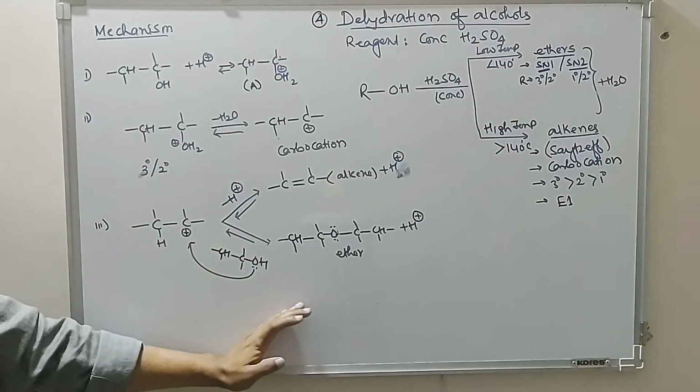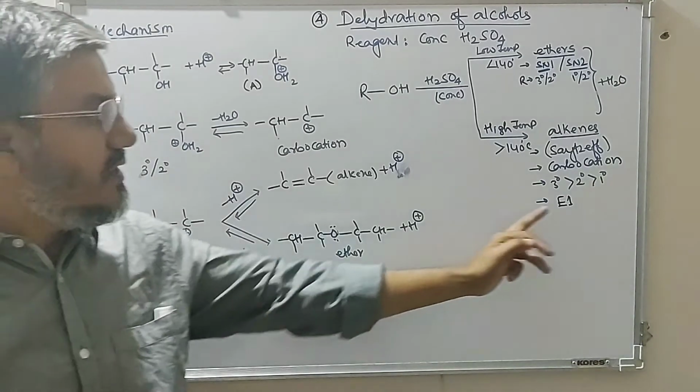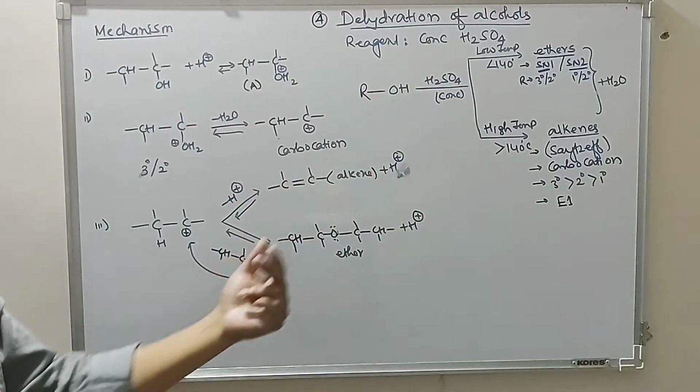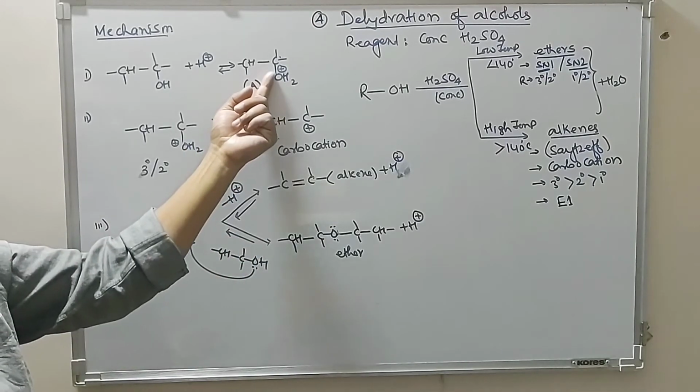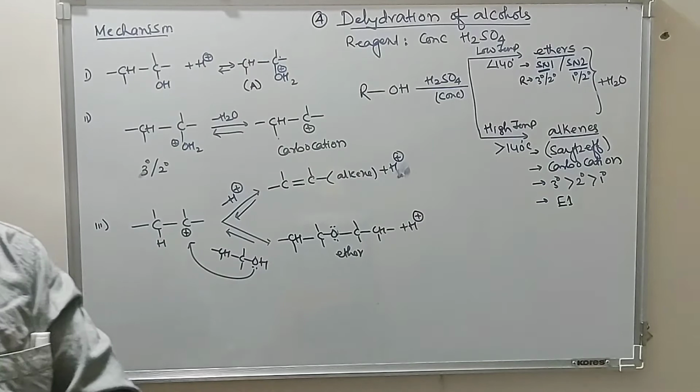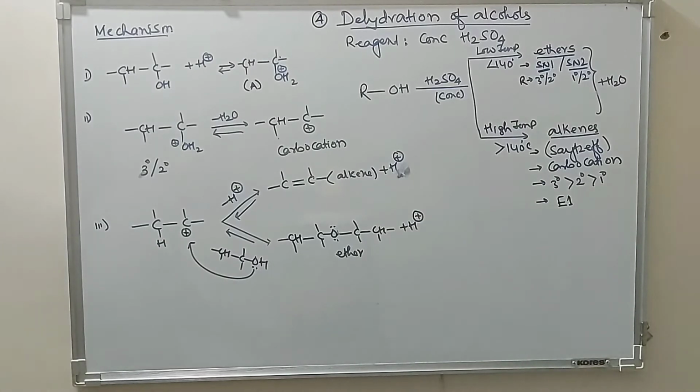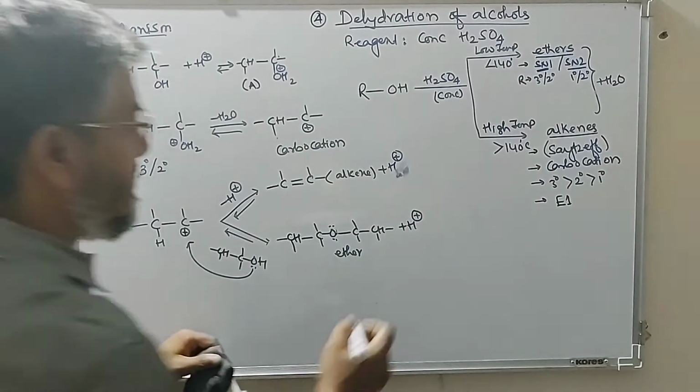Mechanism is different here. Elimination is E1. Substitution may be SN1 if alkyl is tertiary, SN2 if alkyl is primary. So look at this example.